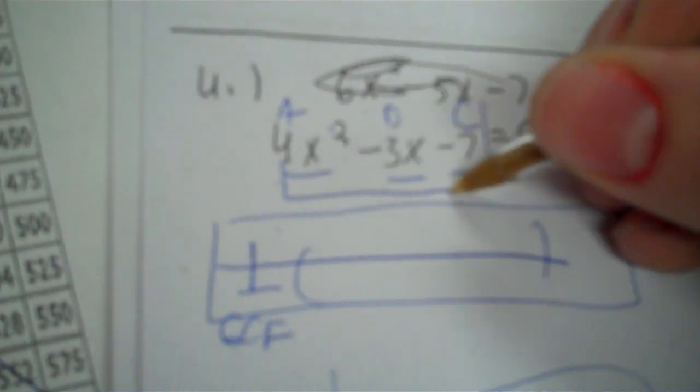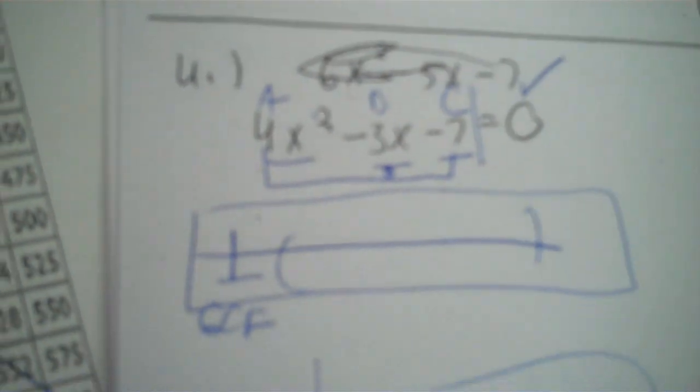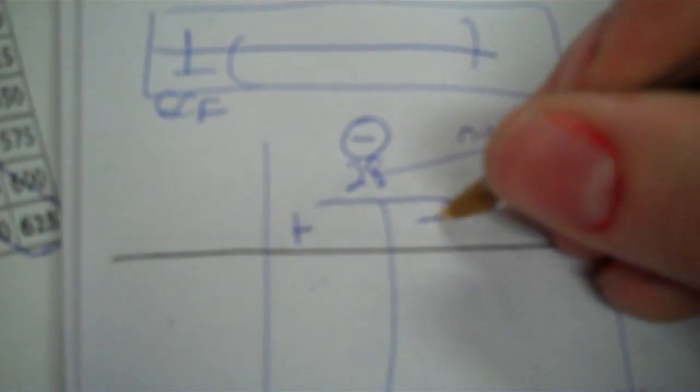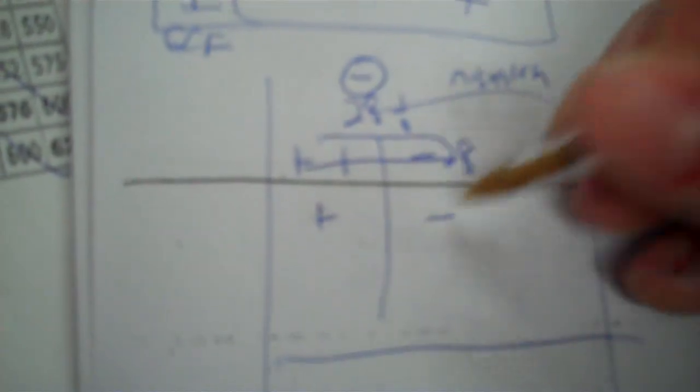So I find my A times C product. 4 times negative 7 is negative 28. So that's a mismatch. It is a positive times a negative. You are adding to try to make it to negative 3. Start dividing. 28 divided by 1 is 28. 1 plus negative 28 is negative 27. 28 divided by 2 is 14.